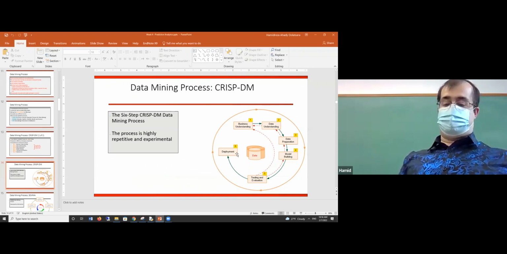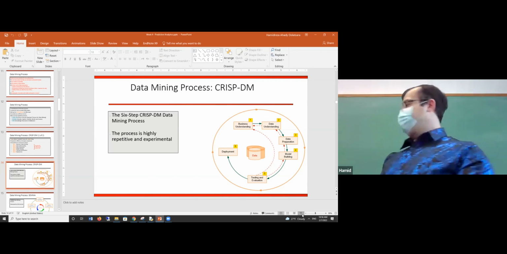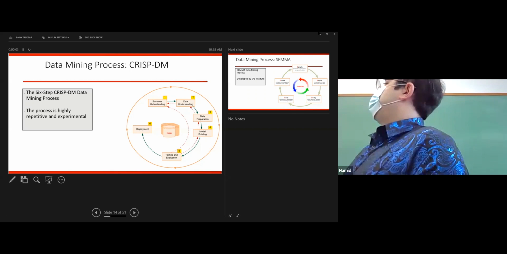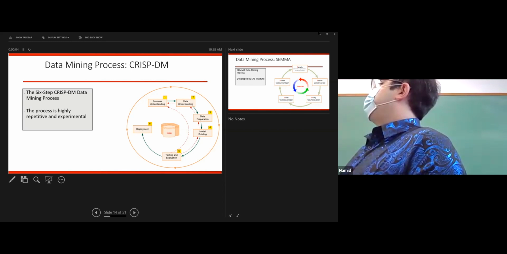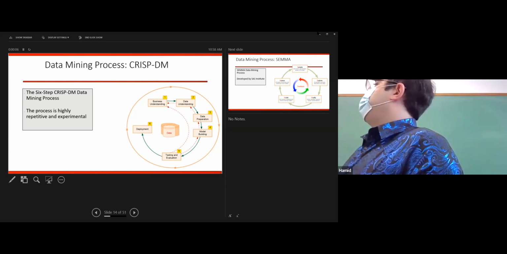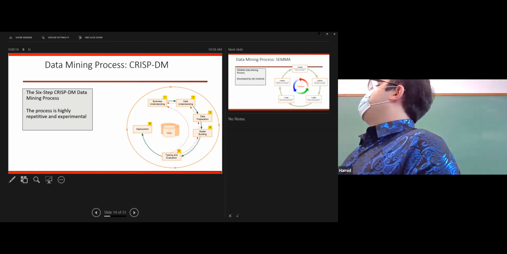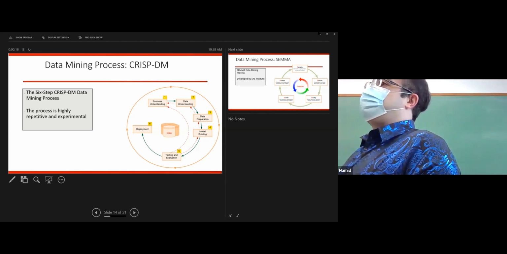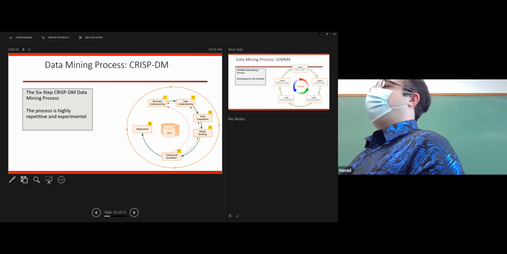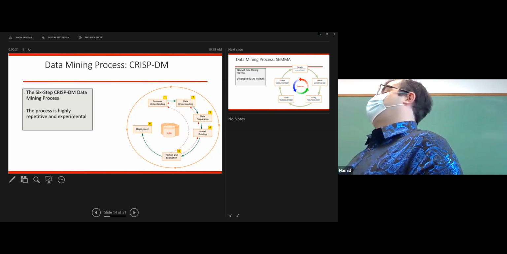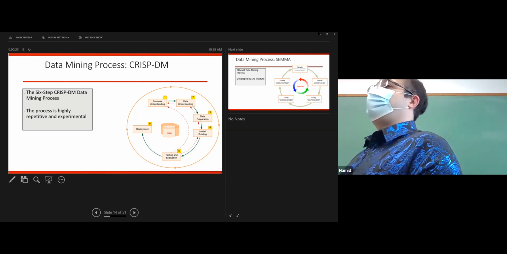So the first step here, I understand the Bitcoin variables, what those values in the Bitcoin market mean. I understand the relationships. Maybe I also gather data from different resources that could be effective. Then in data preparation, I look over whether there is an outlier or a typo, or maybe I derive new variables.